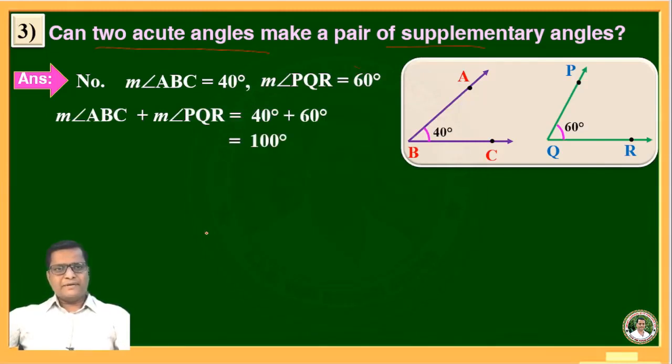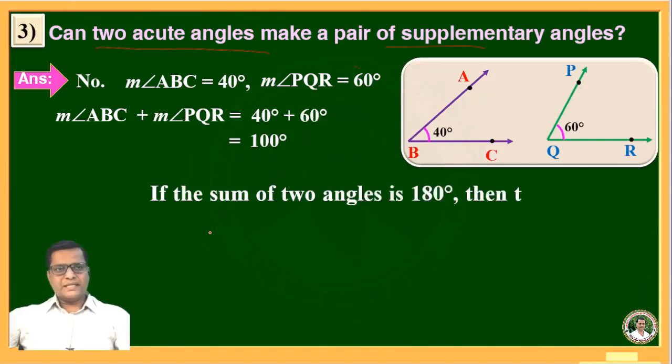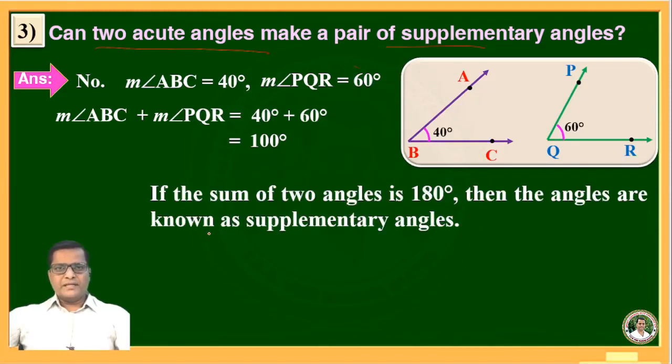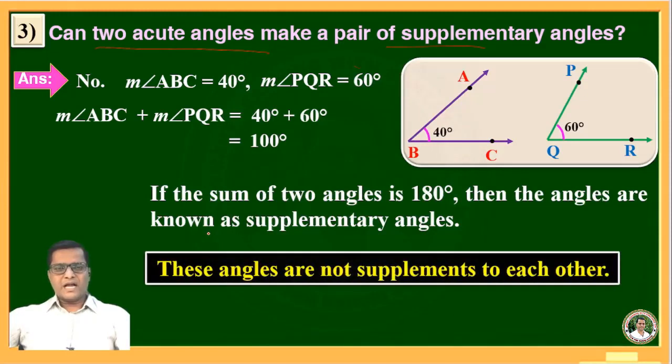Then by the definition, if the sum of two angles is 180 degrees, then the angles are known as supplementary angles. Therefore, these angles are not supplements to each other.